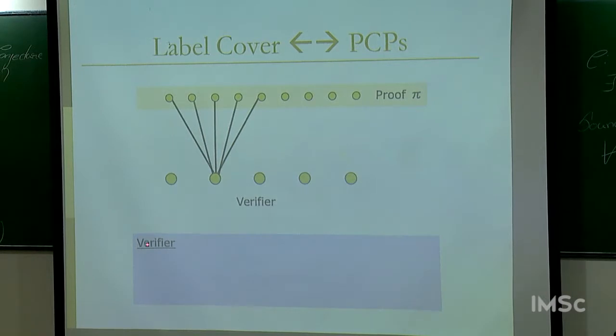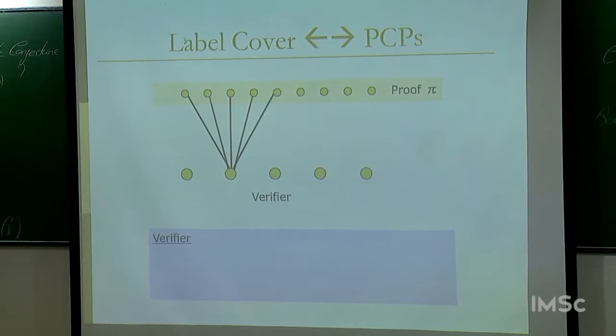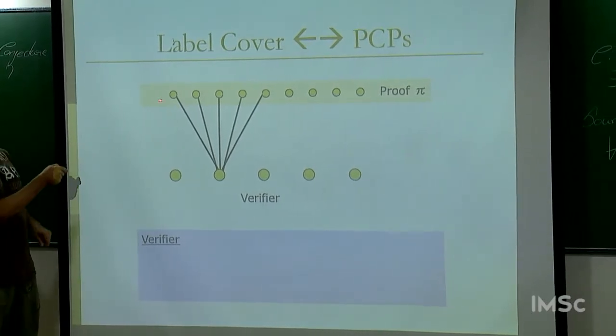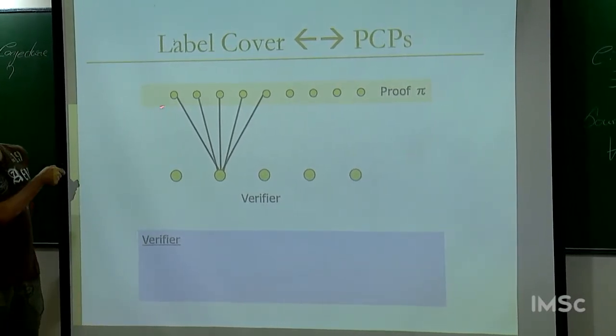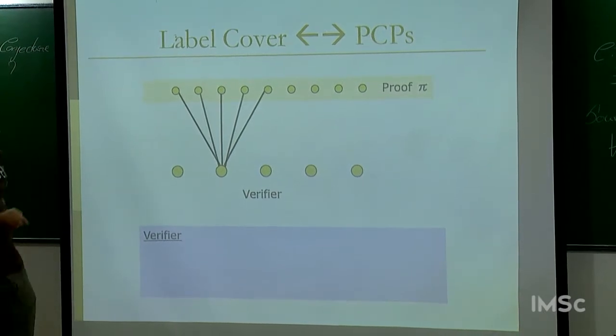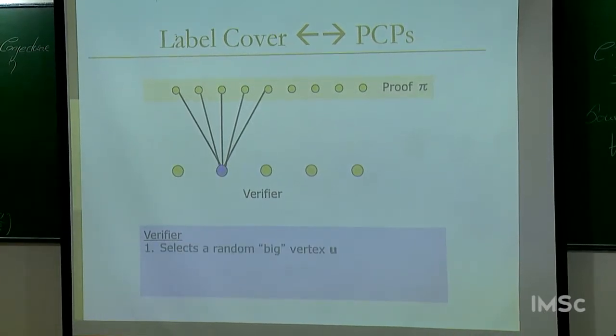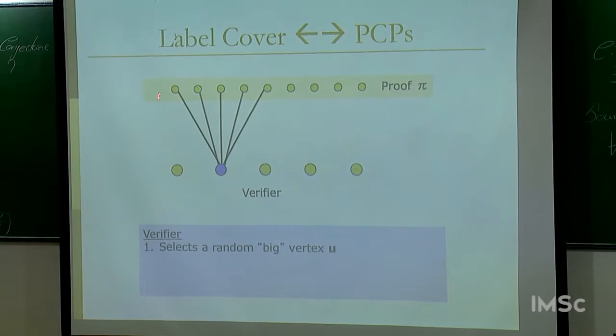And what will be the verifier? So I'm given a SAT formula. I want to come up with a proof for it. The first thing the proof will do is just do the reduction to label cover, and then expect as proof not the assignment to the SAT formula, but the assignment to the left-hand side of the label cover instance. And how will the verifier check that this proof is a valid proof for the SAT formula?